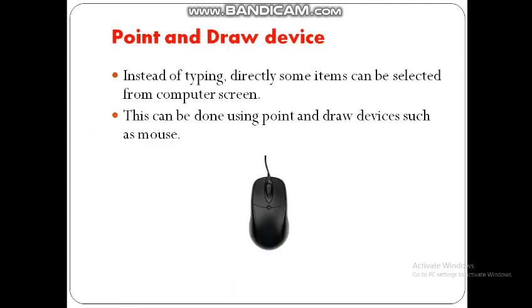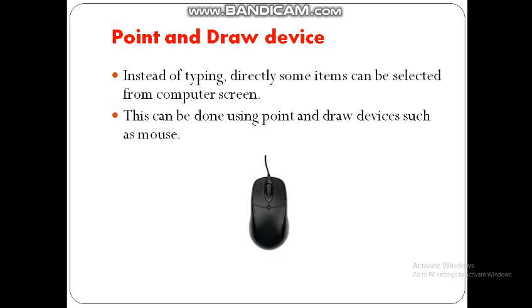Point and draw device. A point and draw device means a mouse. Instead of typing directly, some items like pictures and other things can be inserted from the computer screen. This can be done using point and draw devices such as a mouse.